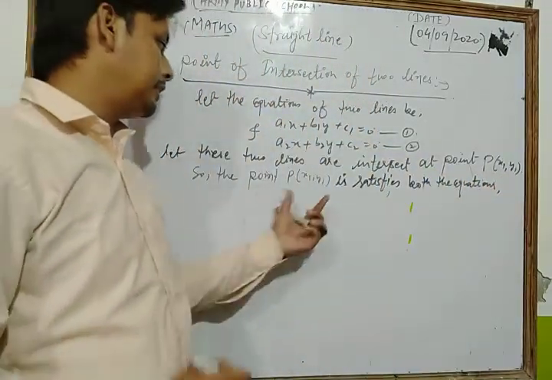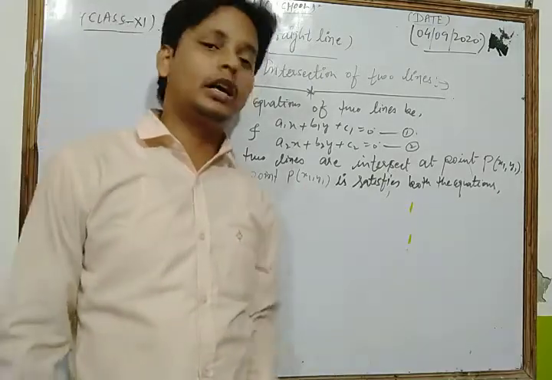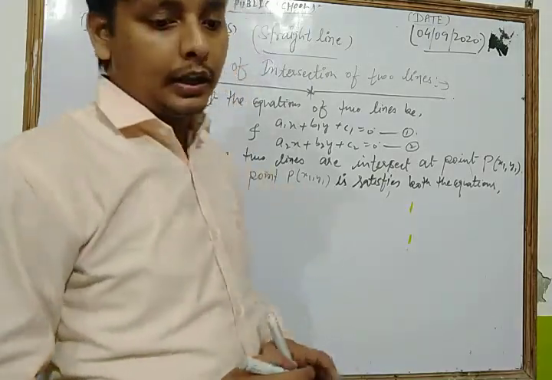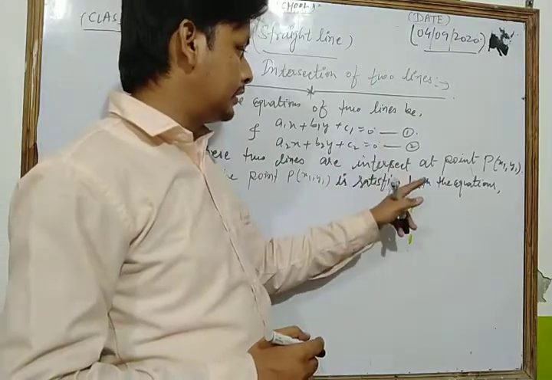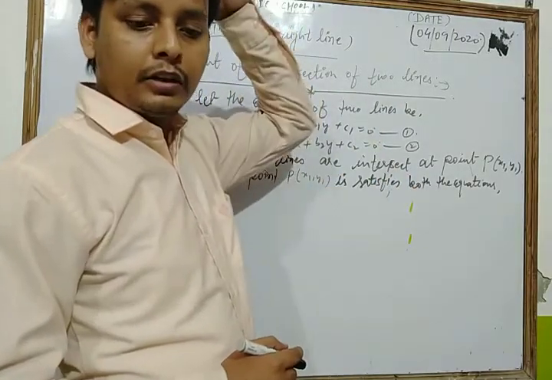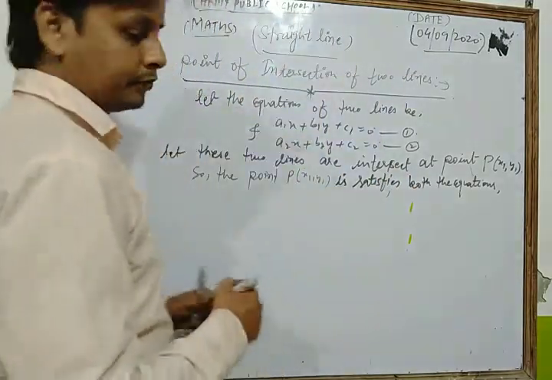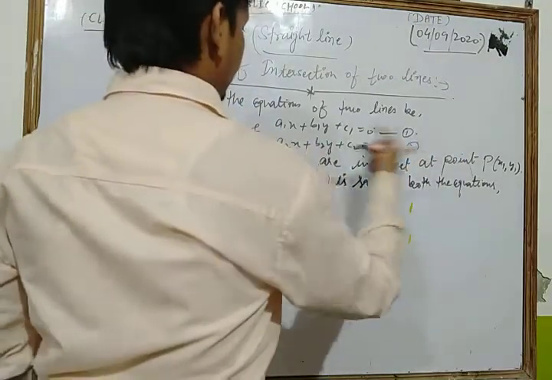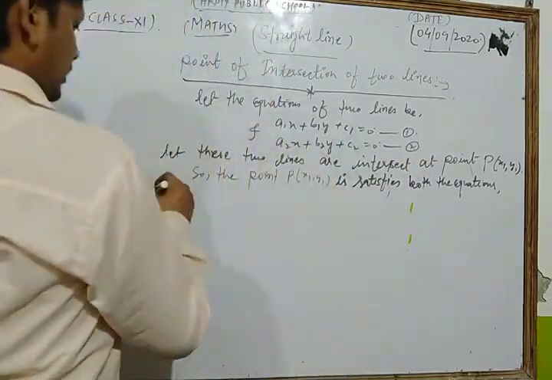Now dear student, if that point satisfies both the equations, then what do we get? Then we put x is equal to x1 and y is equal to y1.